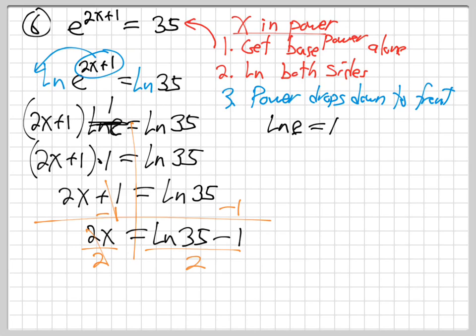So hit the buttons on your calculator. And remember, whenever you do a fraction, you have to do equals at the end of the numerator before you divide by the denominator. The ln of 35 is separate, and then the minus 1 is outside of the ln 35. Hit equals, and then divide by the 2.